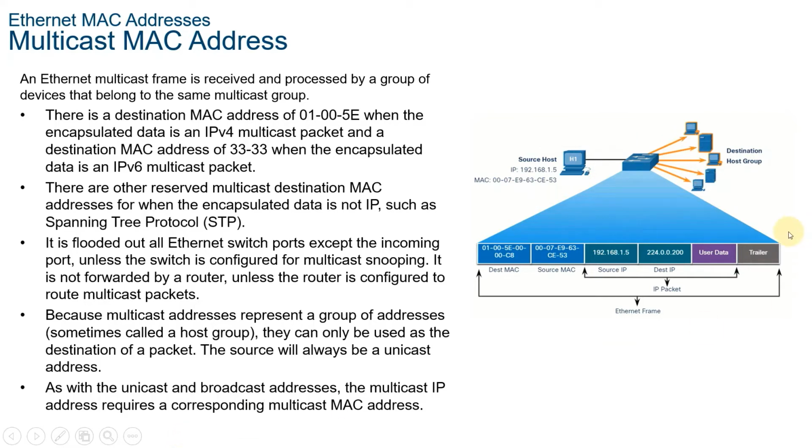If you observe the animation here, host 1 needs to send to a group of hosts on the network, which pertains here to the first 3 computers as the destination. This is what you call a multicast address, wherein the frame is forwarded to a group of computers over the network.